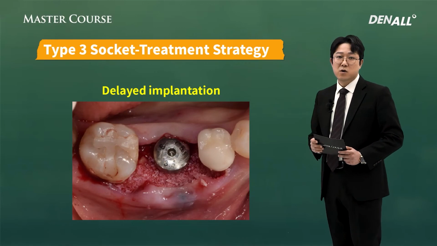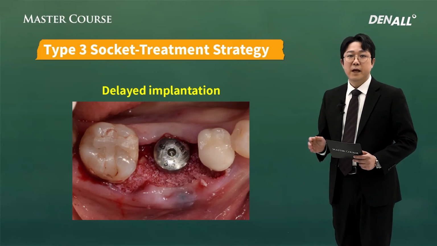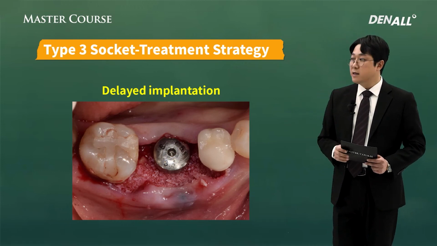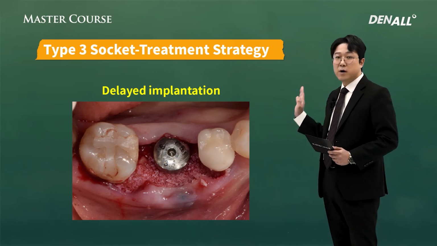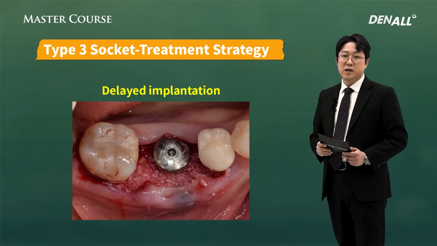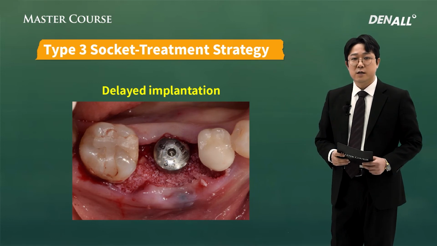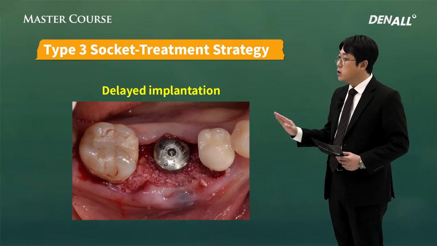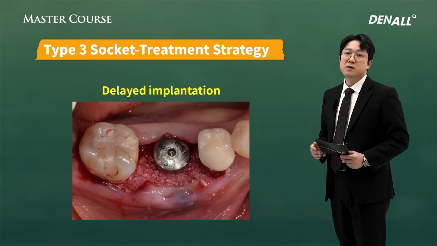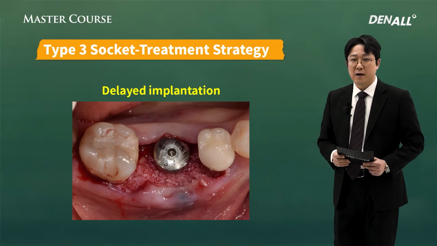Transmucosal GBR was done and bone graft was done. There's dehiscence buccally, however, in number 45 and 47, alveolar bone is well maintained and the contour of buccal bone will be able to be restored.